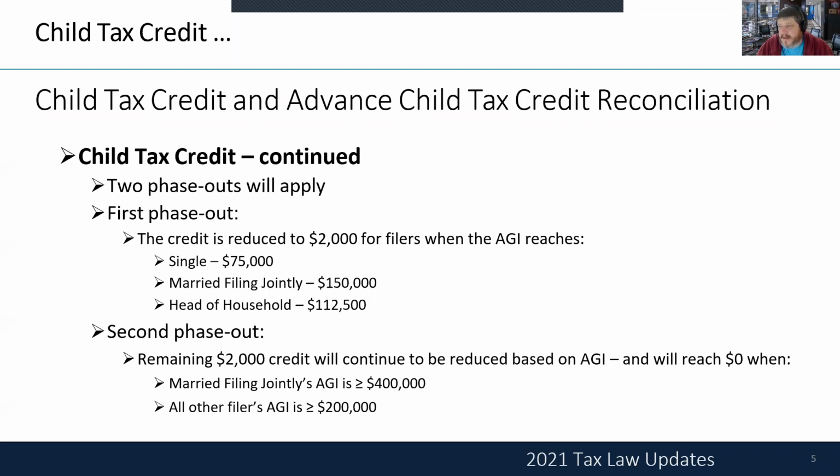The second phase out is the remaining $2,000 will continue to be reduced based on the AGI until it reaches 0. The married filing joint AGI cap is $400,000. If they're over $400,000, they're not going to get anything out of child tax credit. For everyone else, single and head of household, it's $200,000. Once they hit $200,000, they're not going to qualify for child tax credit at all.